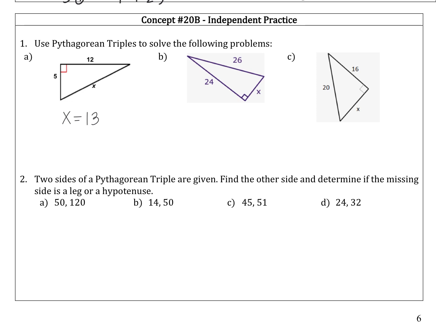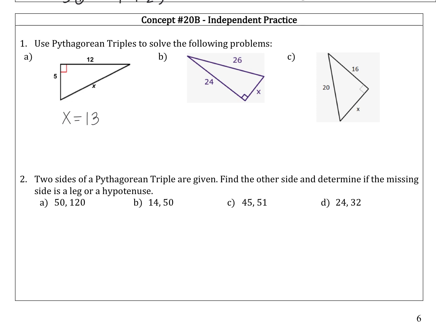B is a little tricky because it's not one of those ones in the song. But flip to the previous page. Can you find where you see it on the chart? So 24, 26. Where is it? What's it a multiple of? 5, 12, 13.